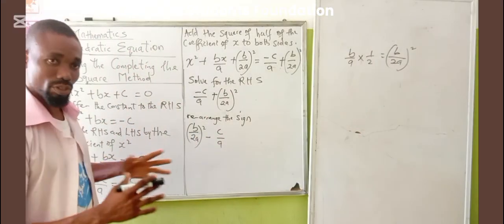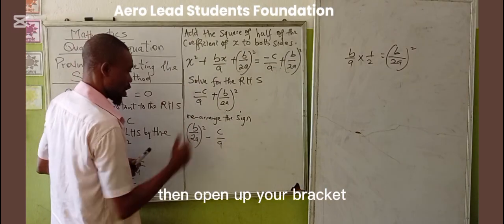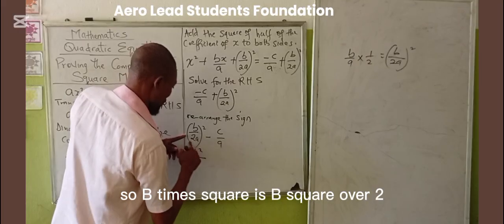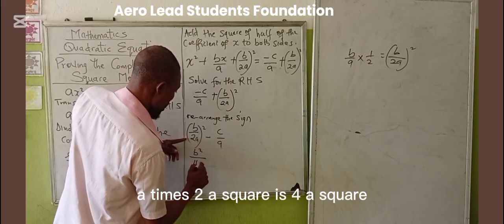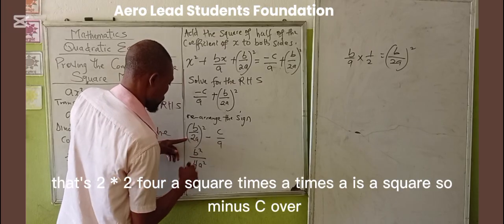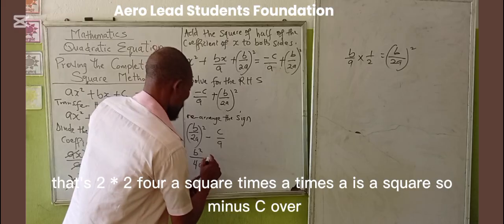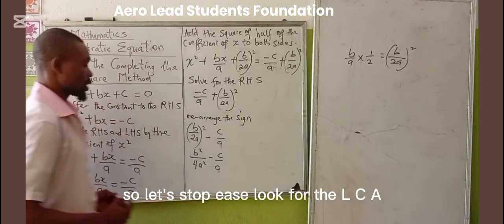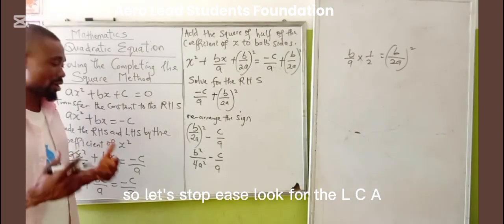This is, you have rearranged the sign. Then open up your bracket. So b times square is b squared over 2a times 2a squared is 4a squared. That's 2 times 2, 4. A squared times a is a squared. So minus c over a. So the next step is look for the LCM.